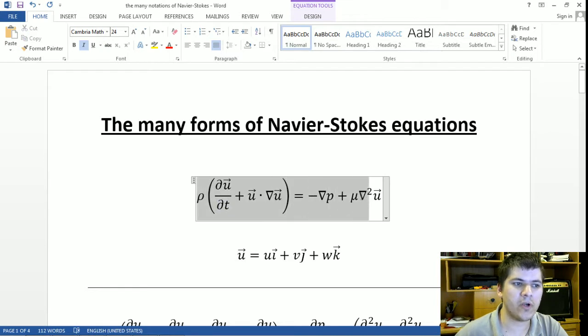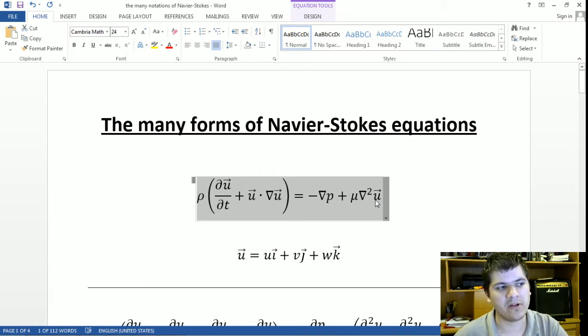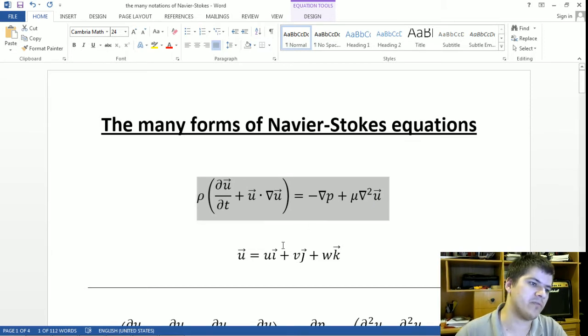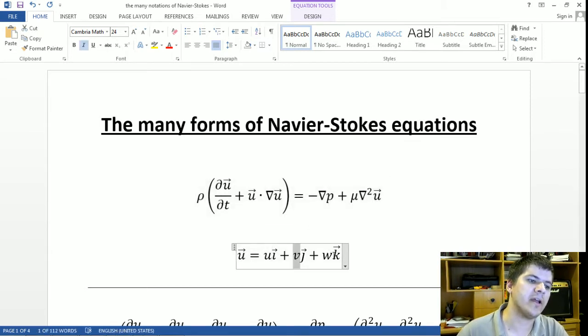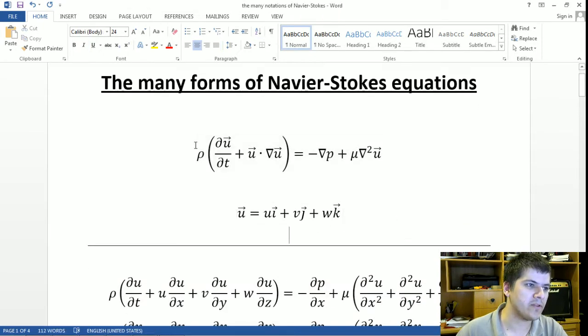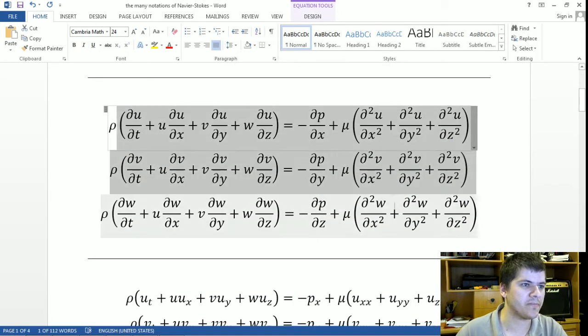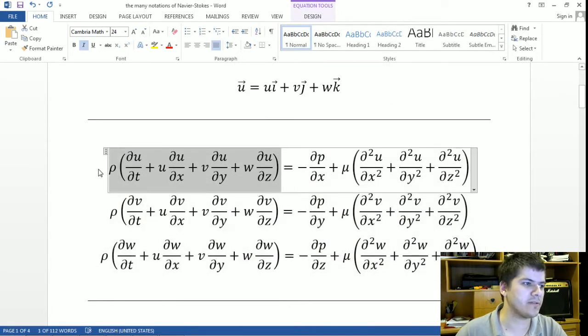So this equation actually is of course a vector differential equation, where we can express as three individual scalar equations for U, V, and W. Okay, so this is equal to these three equations right here.